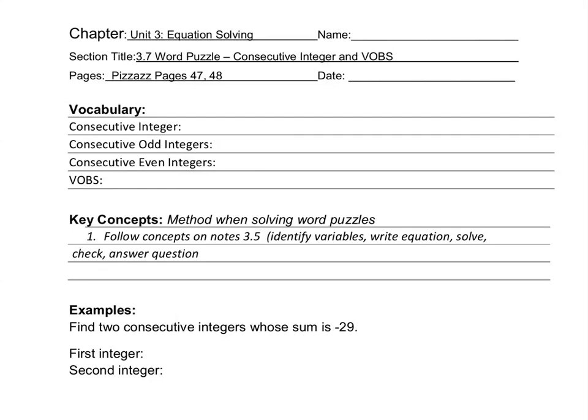So first of all, we're going to take a look at consecutive integer. And consecutive integer means that we have, I'm going to make this a little bit larger, integers that follow each other in order. I'm going to use this in capitals, so let me go ahead and do that.